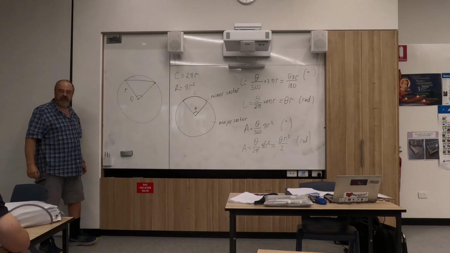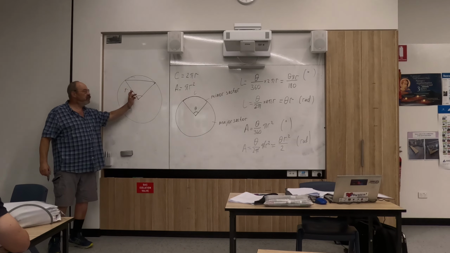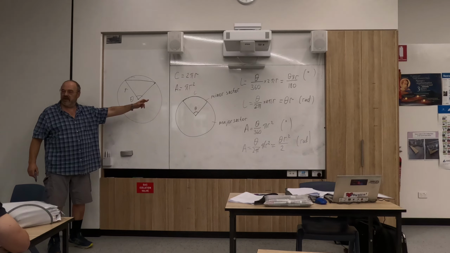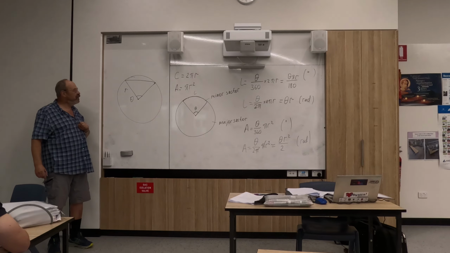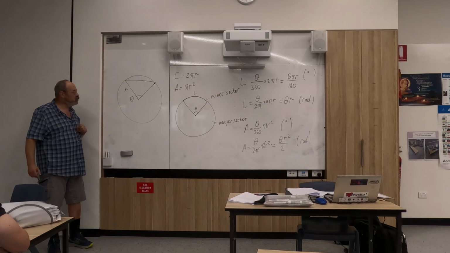To find the length of the chord, what kind of triangle is that? Isosceles. It does not have to be equilateral. It's isosceles.